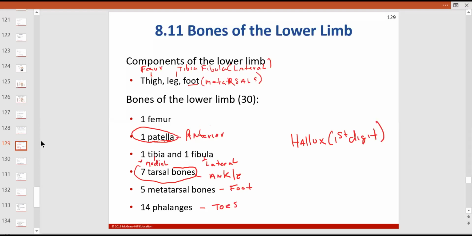And of course, that would be number 1. And the hallux in the foot is medial. Medial, left and right. And it only has 2 phalanges, proximal and distal. So the hallux, remember, is the big toe.